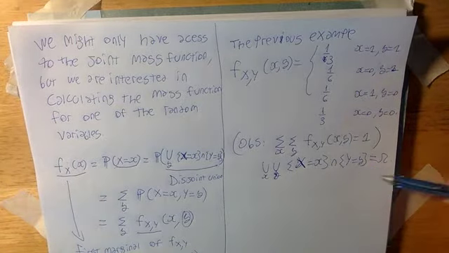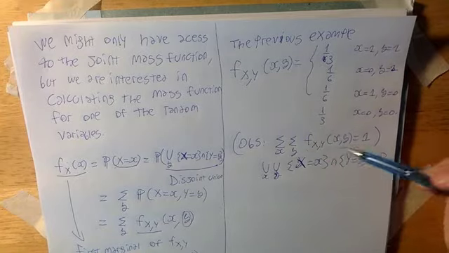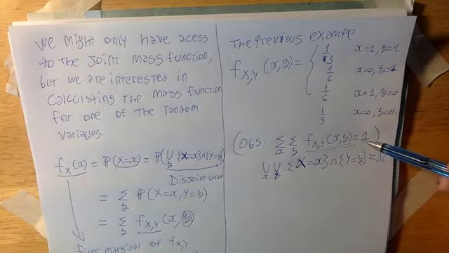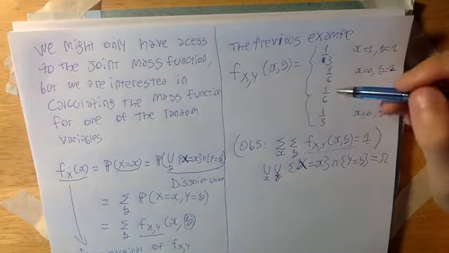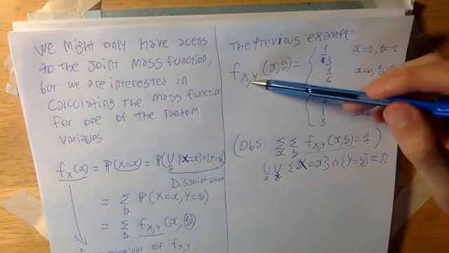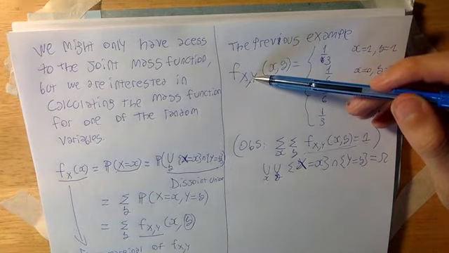And this is a disjoint union, so you can find that the sum of all the values of the joint mass function is equal to 1. Anyway, if we sum all of these values, we get 1. That's an easy check to see if you have the right mass function.